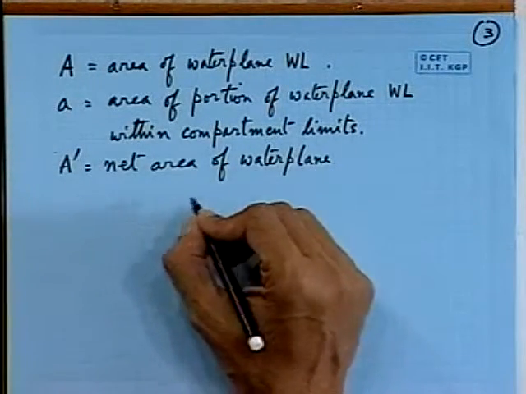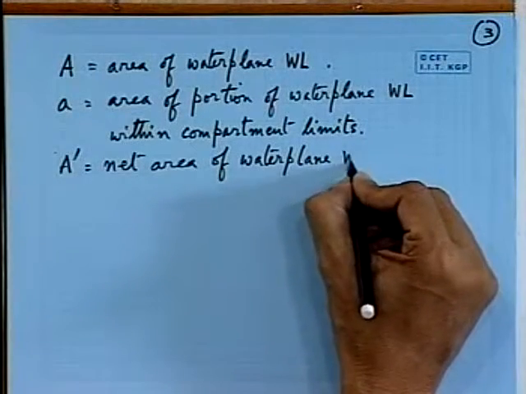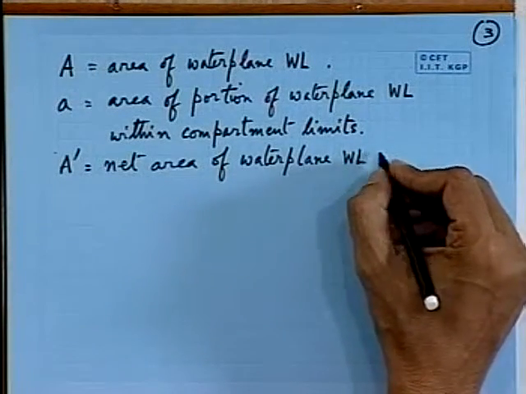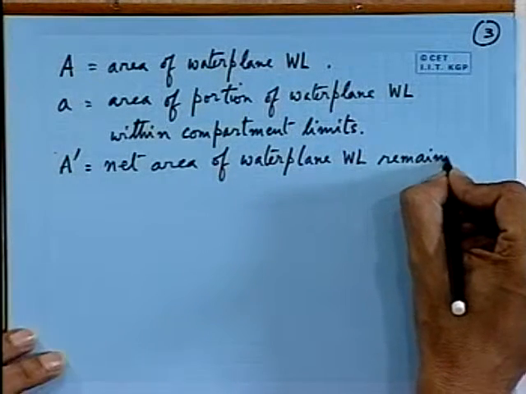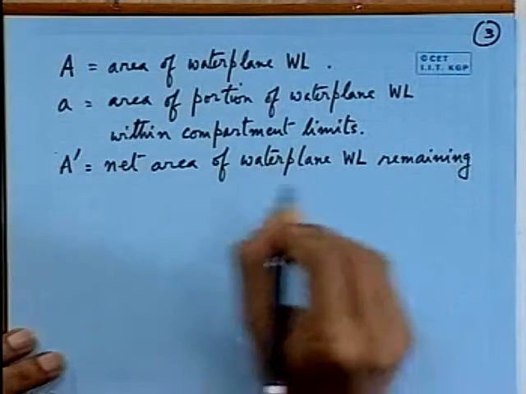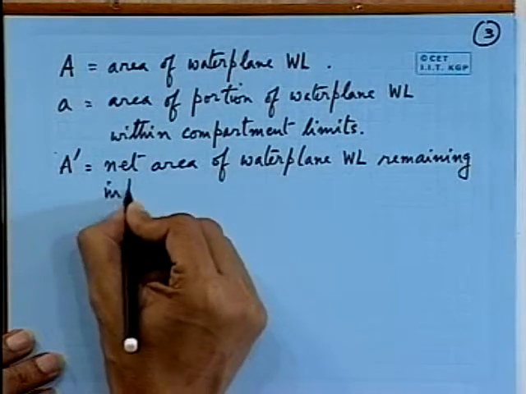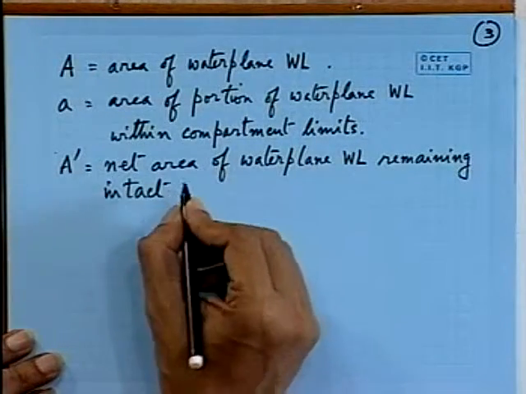So, A prime is the net area of water plane WL, this we should remember, remaining intact after flooding.